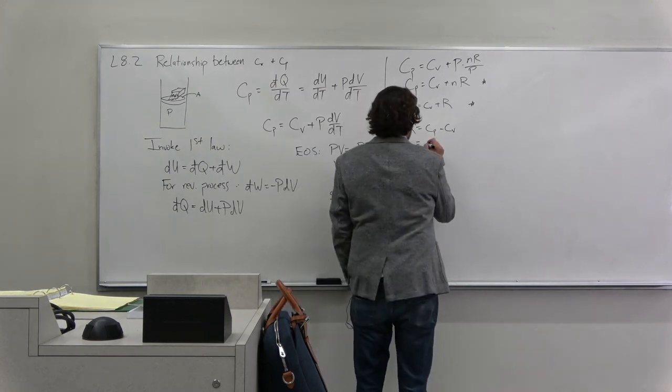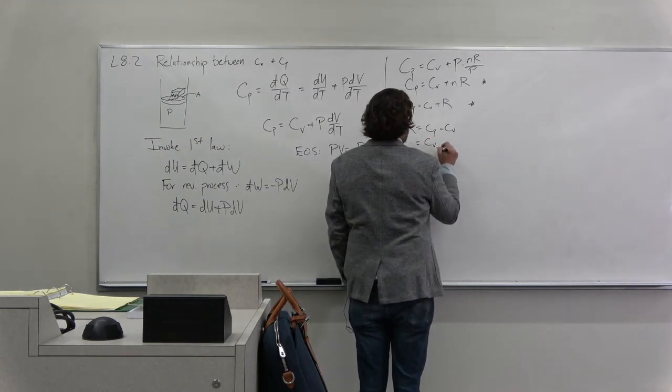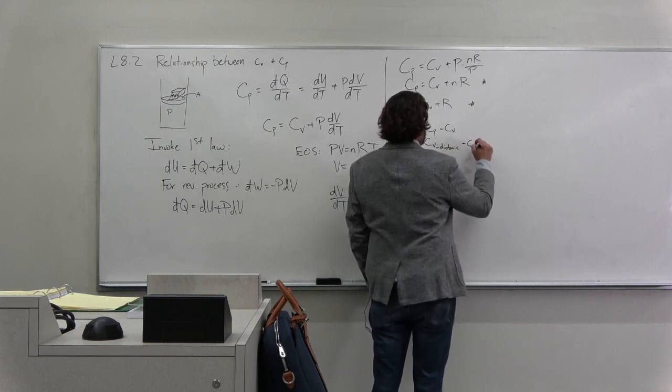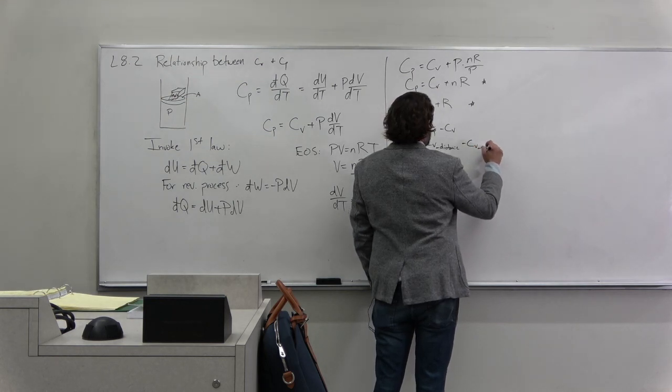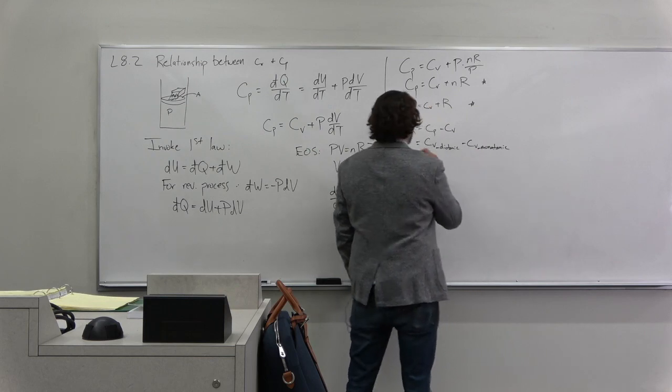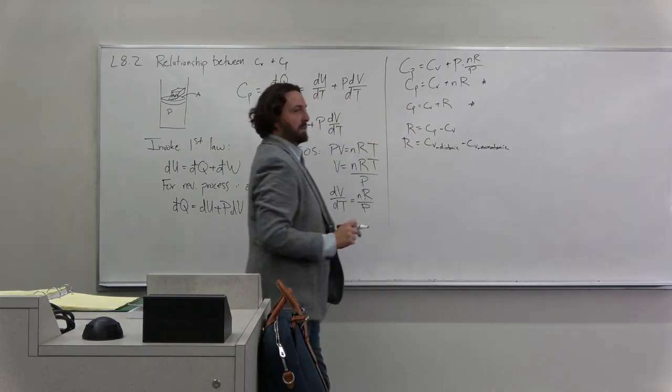Or we could measure Cv for a diatomic gas, and we could subtract off Cv for a monatomic gas, and that also equals R. So we have two different ways.